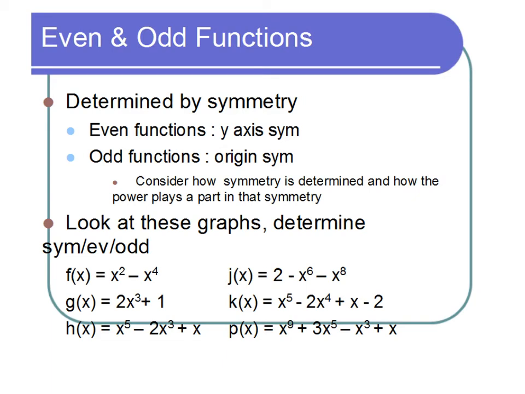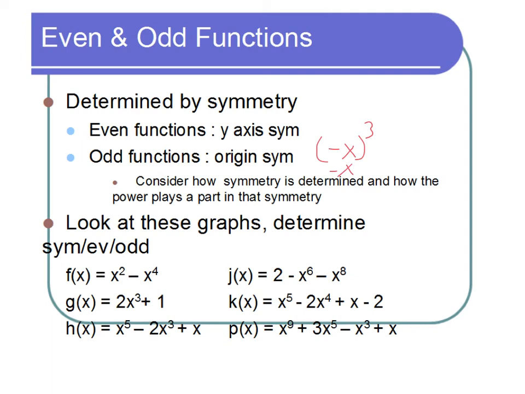That negative doesn't matter. If it's going to have an odd power, it's going to have origin symmetry because it's going to change the sign. If I take a negative x and cube it, a negative x cubed is going to go negative on me.